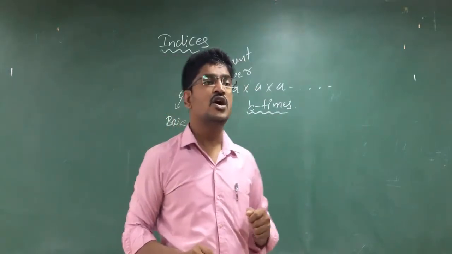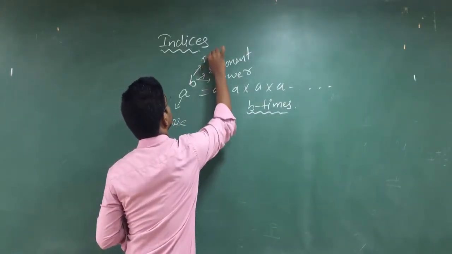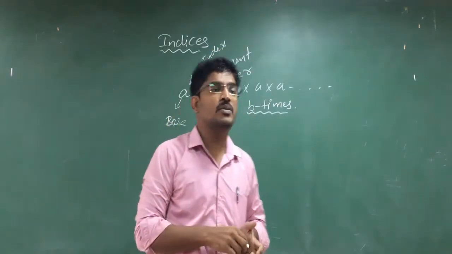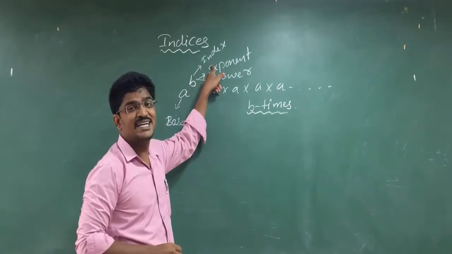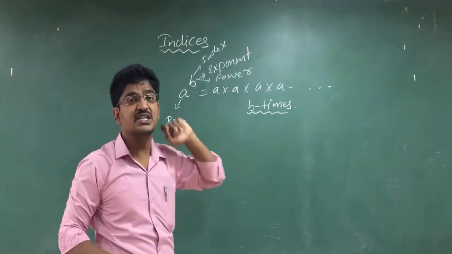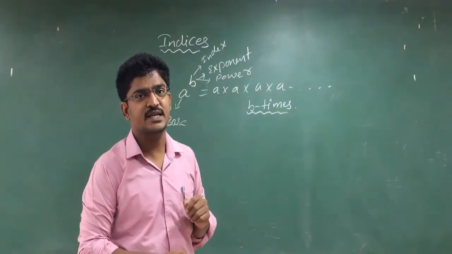Clear, students? Or this also can be called the index, no problem. This b is called the index, exponent or power. Indices is the plural form of index. Clear?